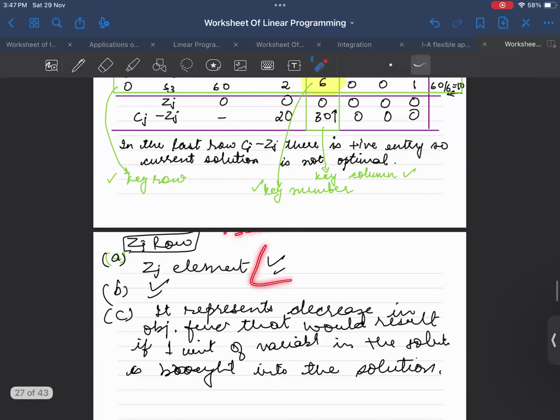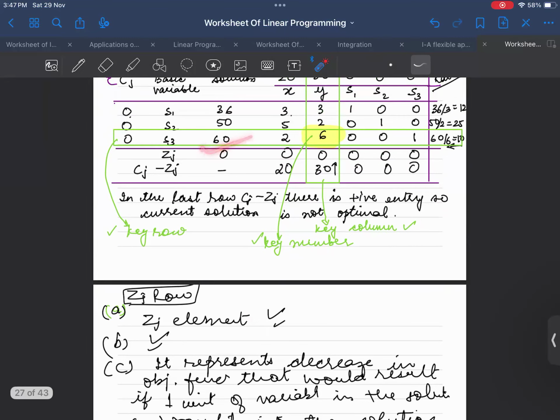The first point was how it's calculated: it's calculated for every column, starting from the solution column, right? The second point I explained: the Zj entry under the solution column gives you the current value of the objective function.